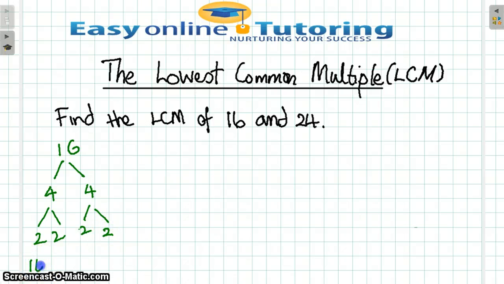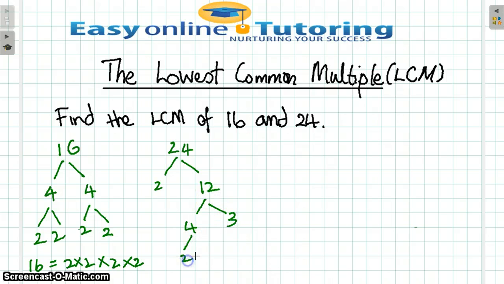So 16 is equal to 2 times 2 times 2 times 2. And 24 can be written as 2 times 12, which is the same as 4 times 3, which is 2 times 2 times 3. So 24 can be written as 2 times 2 times 2 times 3.